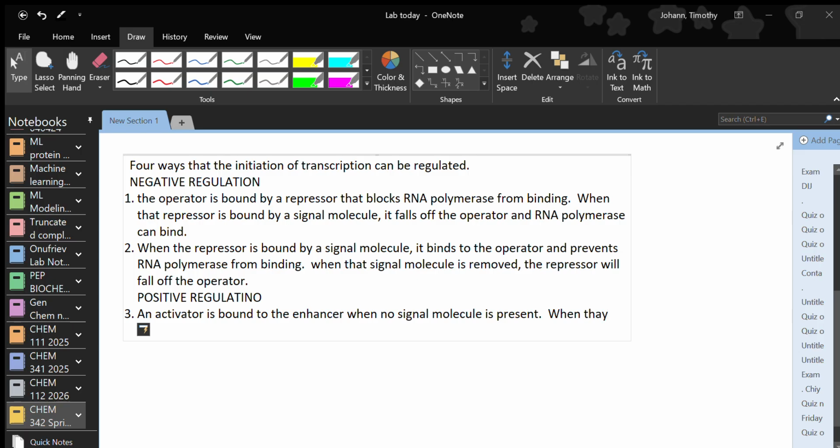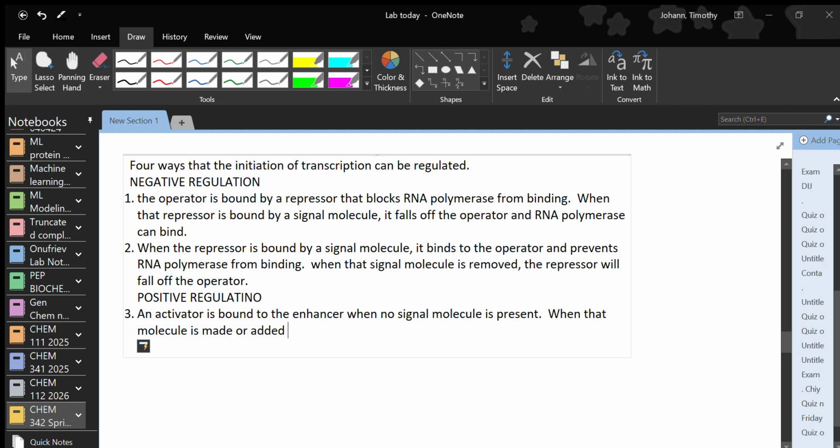When that signal molecule is made, like added, you added it to solution, it binds to the activator and the activator falls off the enhancer.